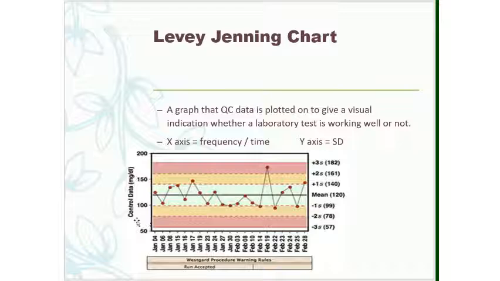If the QC data fall within plus or minus 2 SD, then the QC is accepted and the patient result can be released. If the QC data fall outside plus or minus 2 SD, more than plus 2 SD or less than minus 2 SD, then the QC needs to be monitored and action taken, and the patient result may not be released.